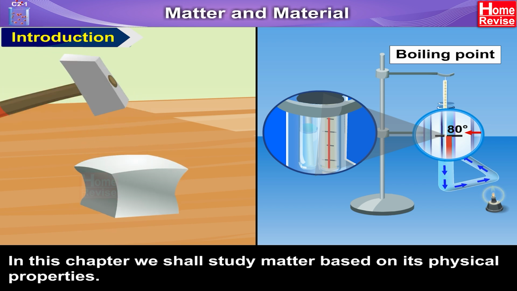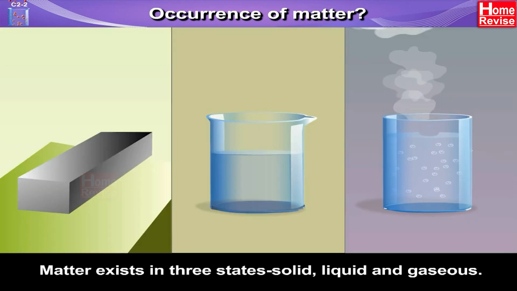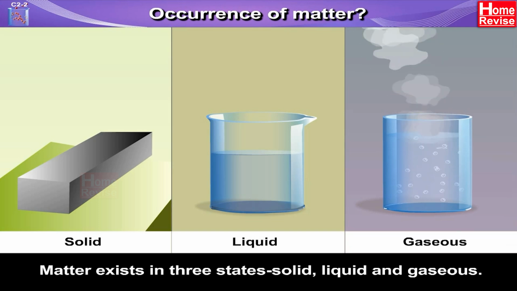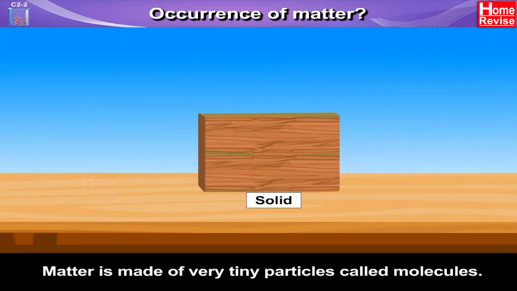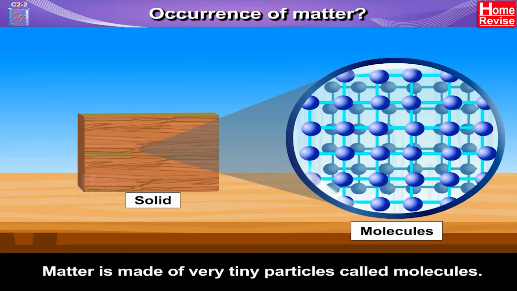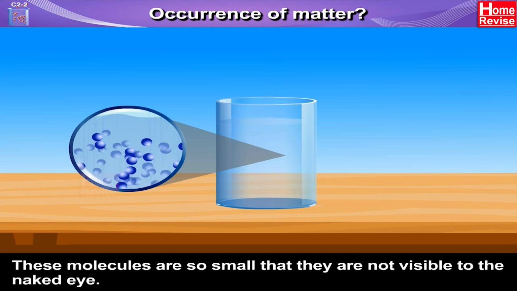All right. Occurrence of matter. Matter is a substance that has weight and occupies space. Matter exists in three states: solid, liquid, and gaseous. Matter is made up of very tiny particles called molecules. These molecules are so small that they are not visible to the naked eye at all.